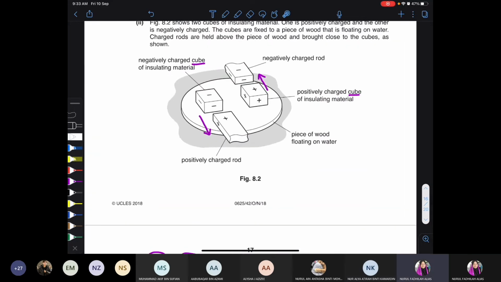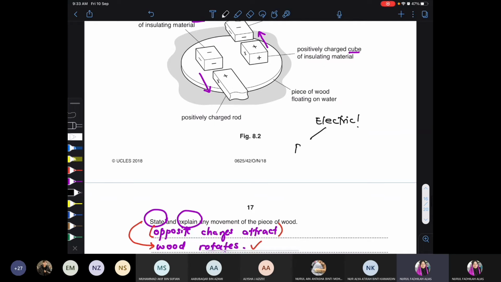Okay, this is also in the topic electric. Remember electric? In electric we also have force, electric force, and we have field. What other physical quantities are in the topic electric? We have force, field, and potential difference.